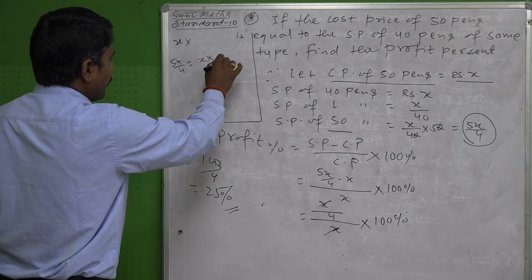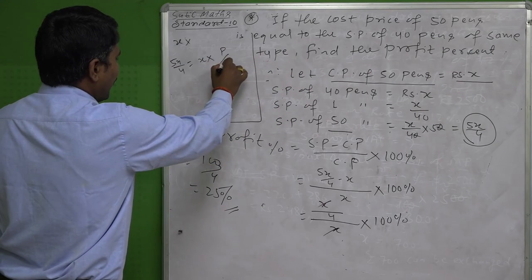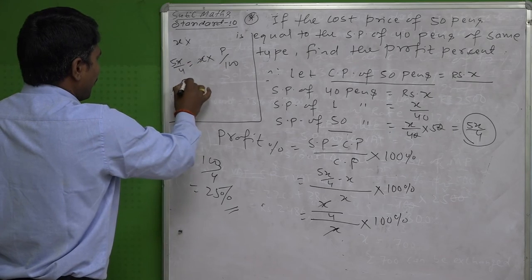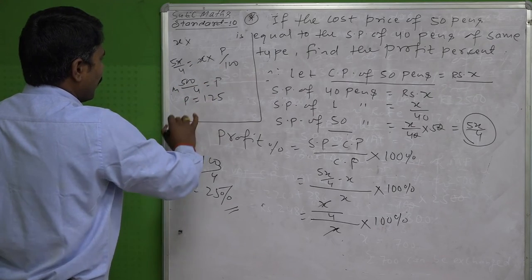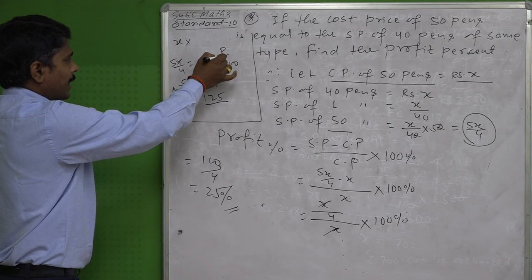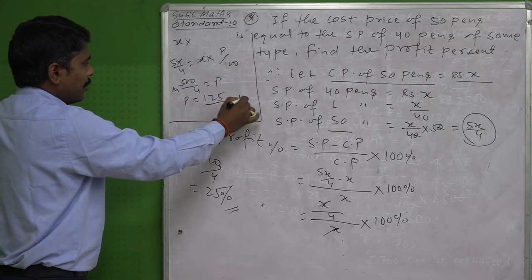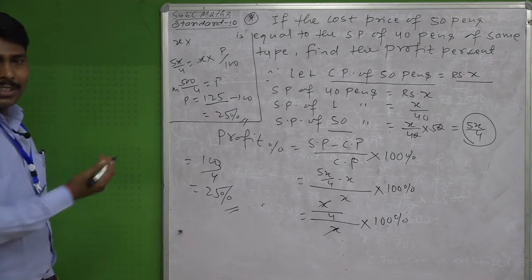CP X into profit is how much? Not given, so profit P, and 100. You solve, X cancels, 500 divided by 4 equals P, which is 125. So 125 came, then P is what we write here, that is 100 plus P, so subtract 100, and now you will get 25%. See, by that technique you can solve it very easily, okay.